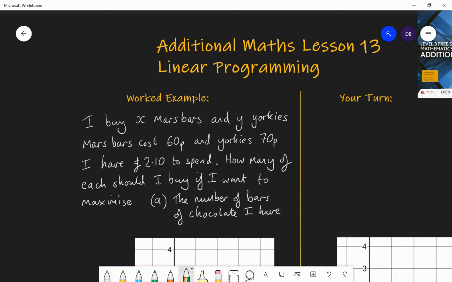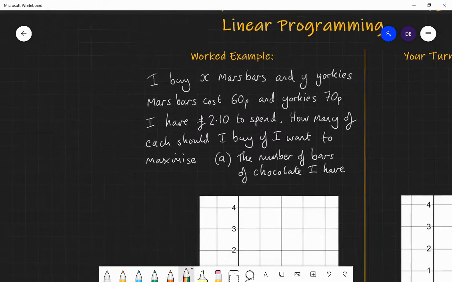So let's focus on, firstly, just creating the constraints that I can then draw, and then show the feasible region of the allowable amounts of chocolate I can buy based on this information. So let's define some constraints.